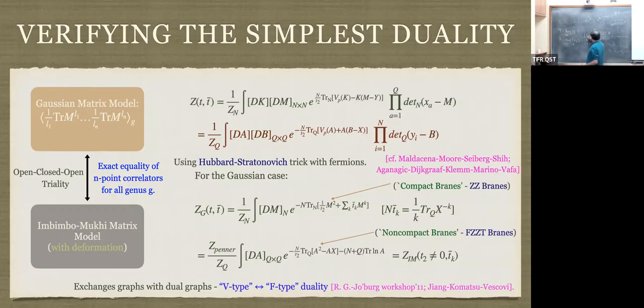These matrix integrals can be viewed as the open string field theory of either set of branes, in which the other branes appear as determinant insertions or giant gravitons of the first set.